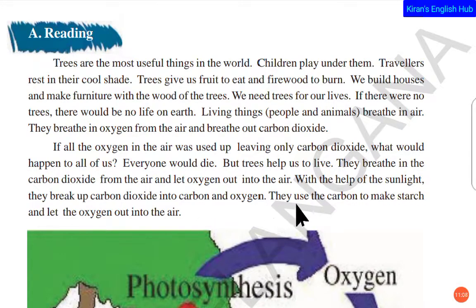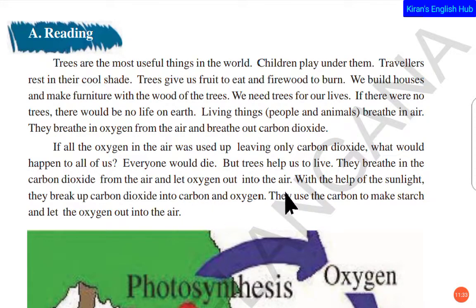So when trees take carbon dioxide inside, with the help of the sunlight, that carbon dioxide is broken into carbon and oxygen. Okay, so the oxygen which is produced from the carbon dioxide is left out into the climate, and that oxygen is taken by humans. And whatever carbon is left breaks into carbon and oxygen, right?